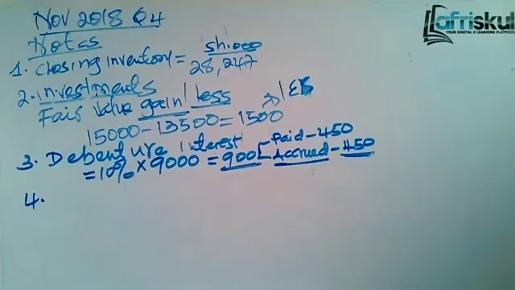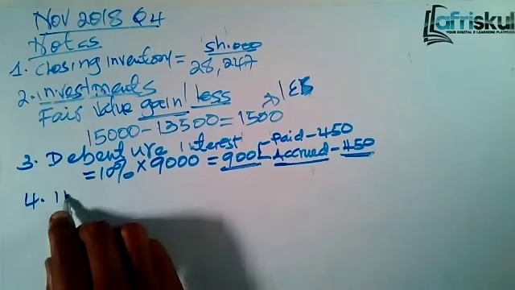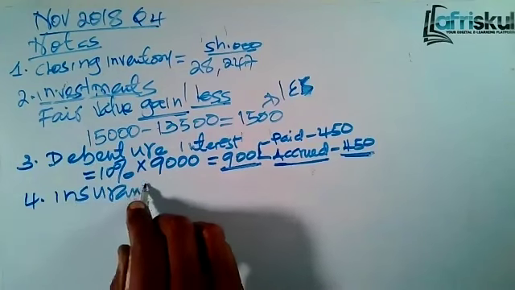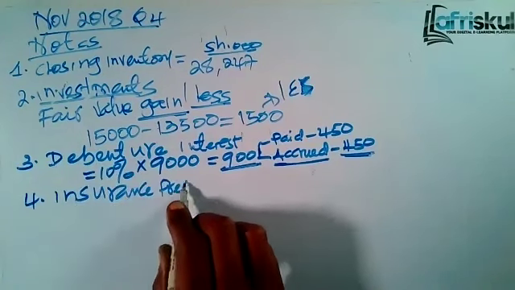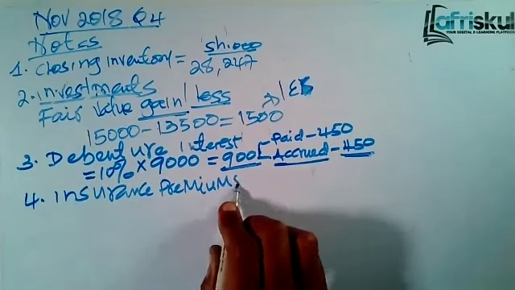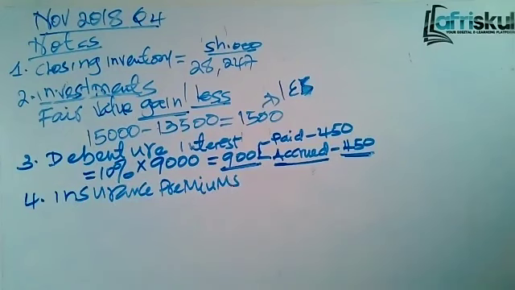Again, we have number 4, which is insurance premiums. In this case, the insurance premiums were prepaid, meaning that the amount that was paid was for the next period.